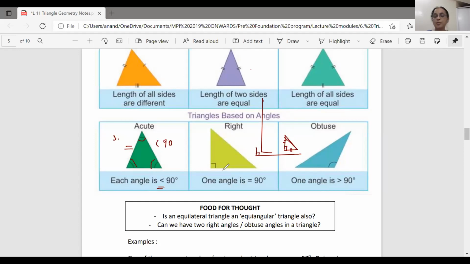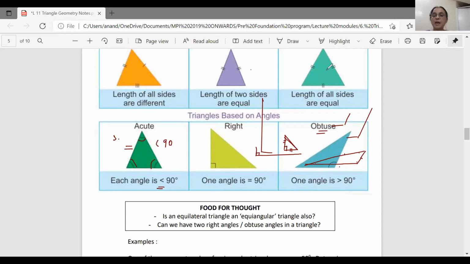Try it yourself. Then I will draw an obtuse angle, any obtuse angle, like this, like this, like this, and then I will join the two points. This will be called an obtuse angled triangle. Again, measure the lengths of sides, measure the angles, make a chart.